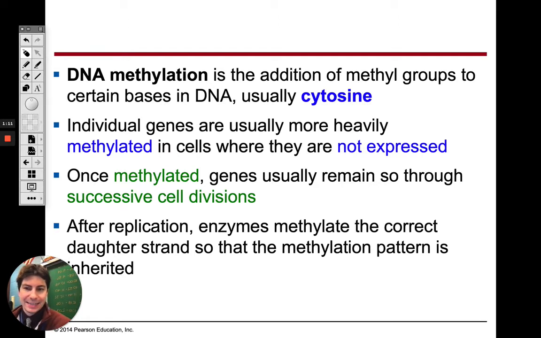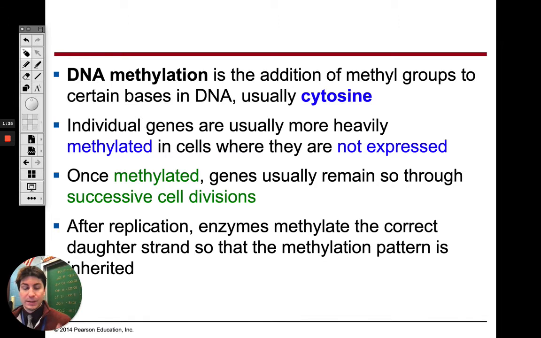Usually it's the cytosine that gets them, and don't forget guys, they're going to be everywhere. We do not have to methylate every single nucleotide in order for it to get highly condensed. When we have these areas and they're methylated, what this tells us is that that area of DNA, that gene, whatever that gene is, probably is not going to get expressed in that specific cell.